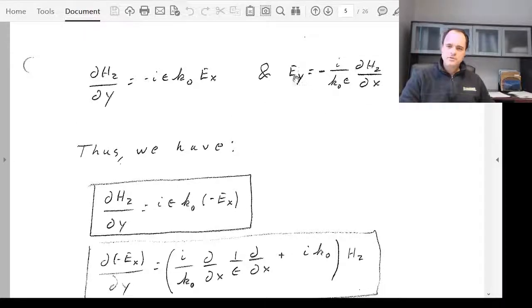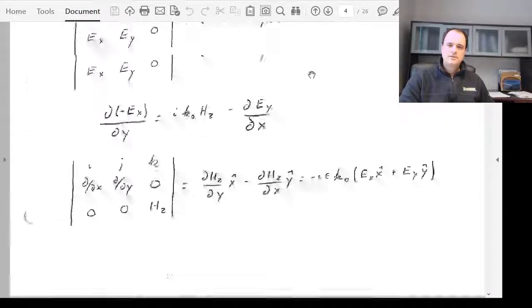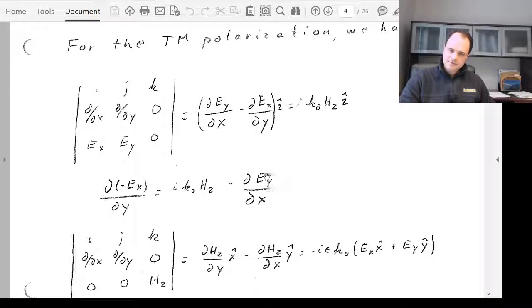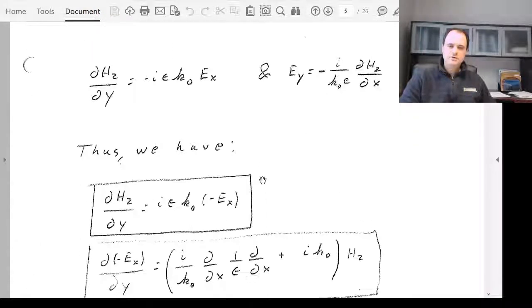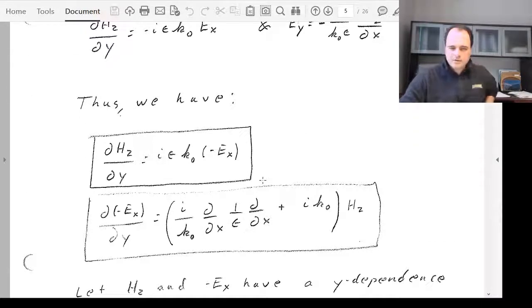All right, but now once you have this E of y, you can plug that back into this right here, therefore eliminating E of y. And so you will have only two equations that only depend on h of z and E of x, not E of y. So h of z and E of x.